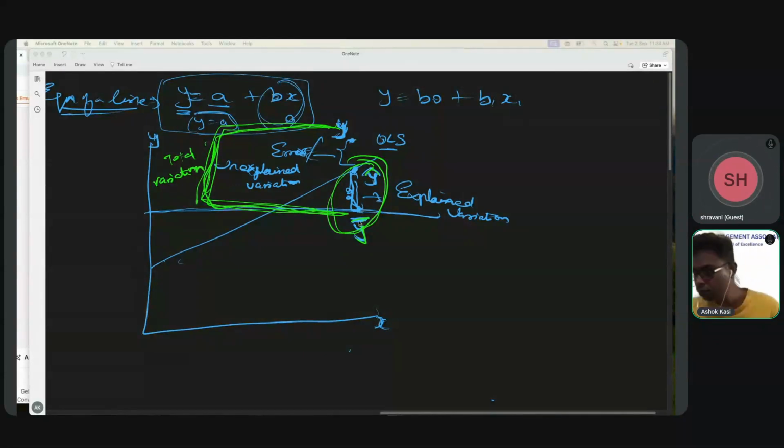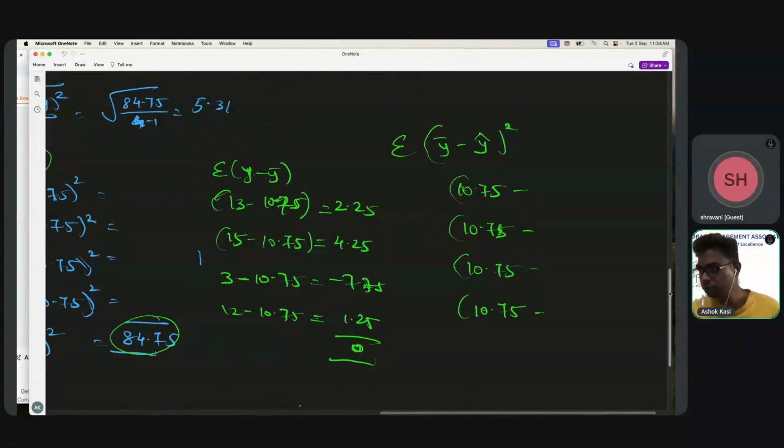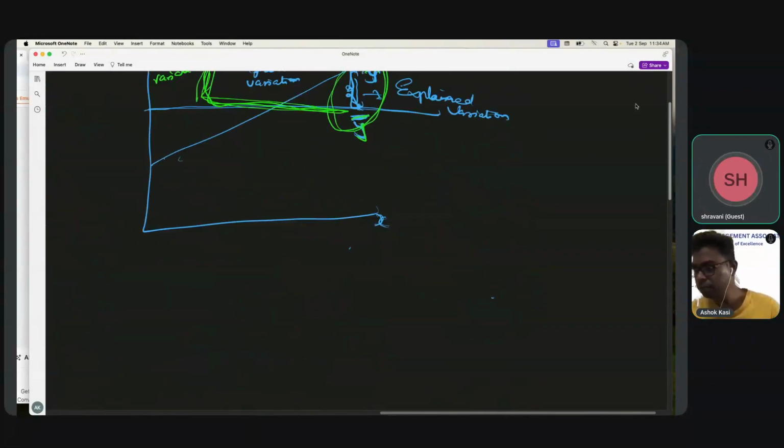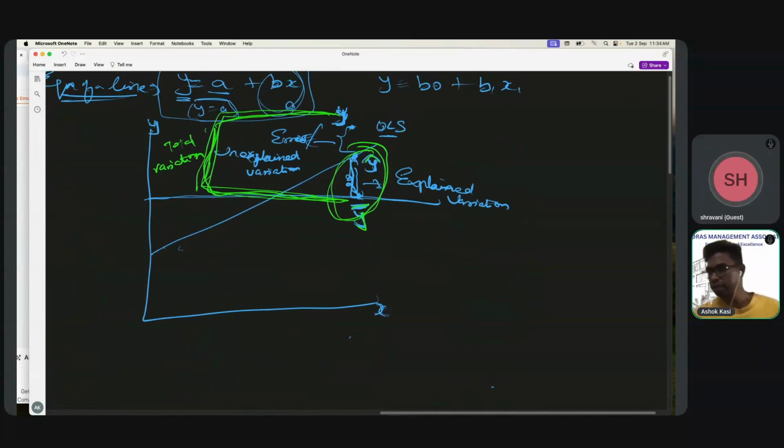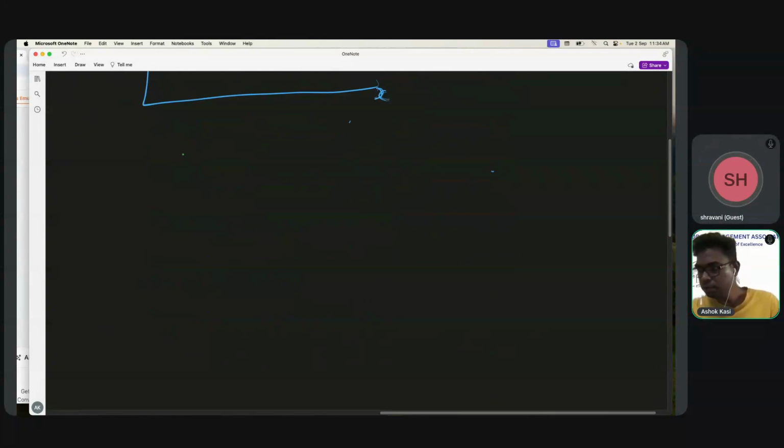So y bar minus y hat. How to calculate y hat? See, we know y is equal to a plus bx.